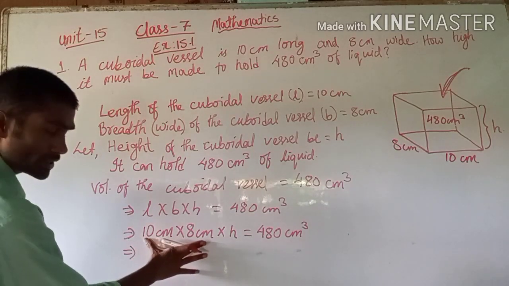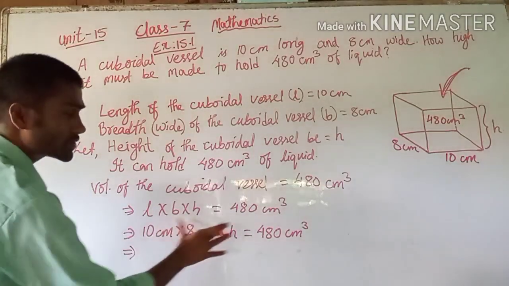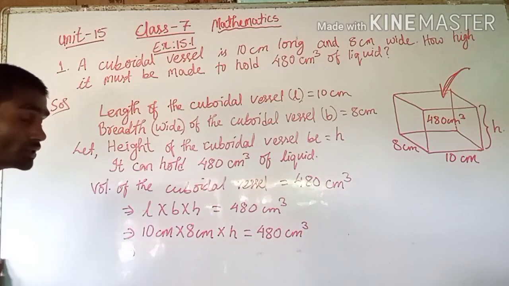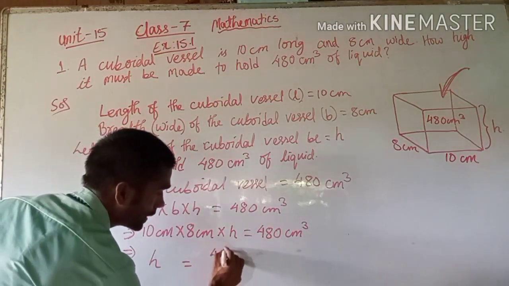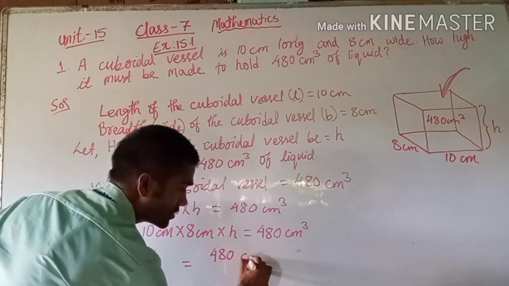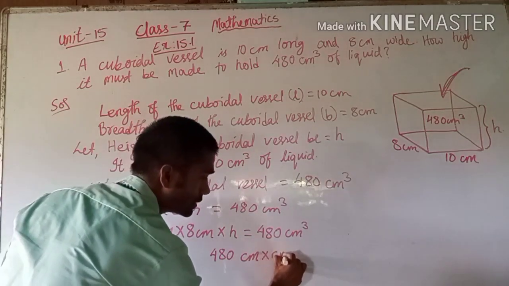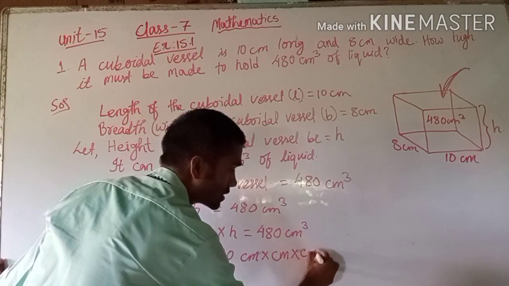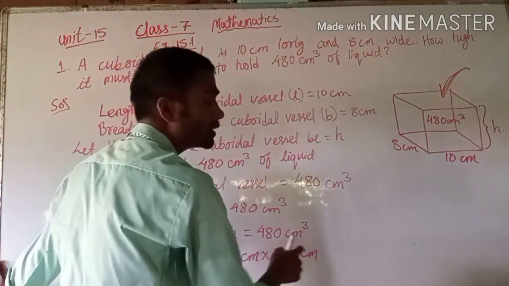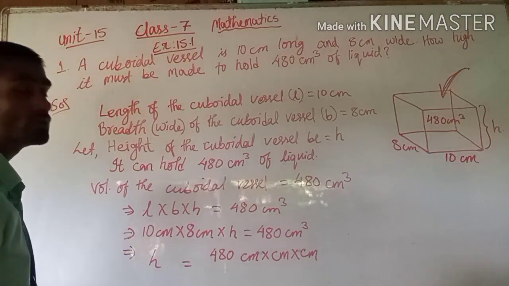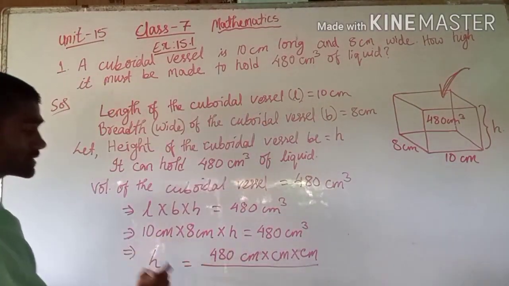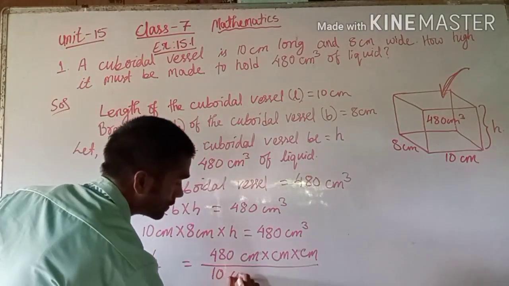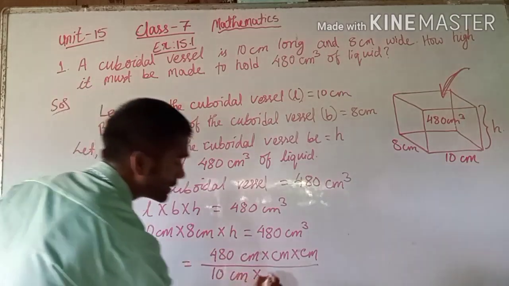Now these units are multiplied here. If we transfer to the other side, it will change into divide. So we write H is equal to 480 centimeter into centimeter into centimeter. This centimeter cube we are splitting into centimeter into centimeter into centimeter, divided by 10 centimeter into 8 centimeter.